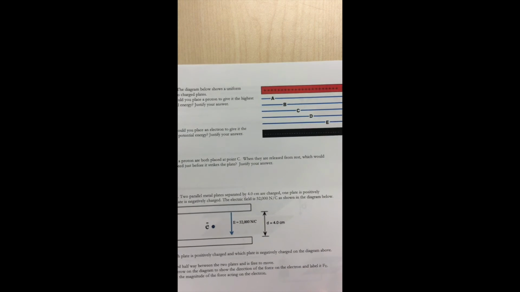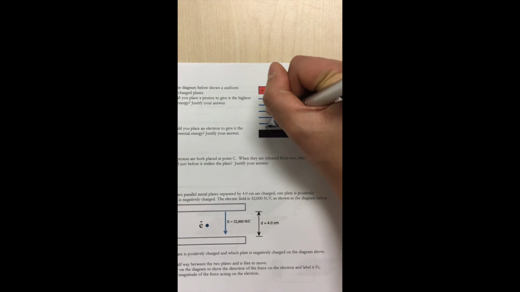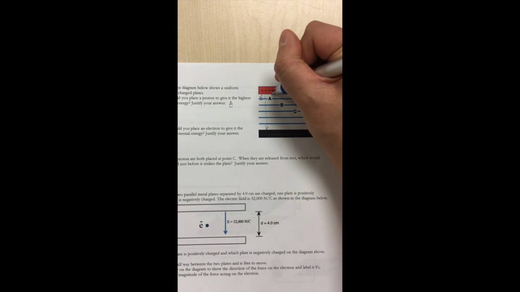Now, what to do with the field? If I have a uniform field, then I have my positive and negative plates, and that gives an electric field that points from positive to negative. The same number everywhere in between. A proton is going to experience the highest electrical potential energy at A because that's where it's closest to the positive plate.